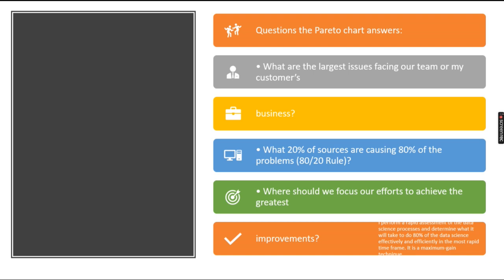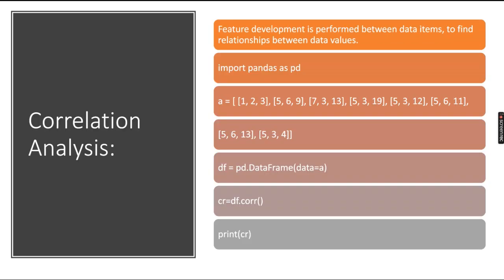The major issue in the previous example was the availability of parking. If you perform a rapid assessment on the data science process and determine what it will take to do 80% of the data science effectively and efficiently in the most rapid framework, it is the maximum gain technique.